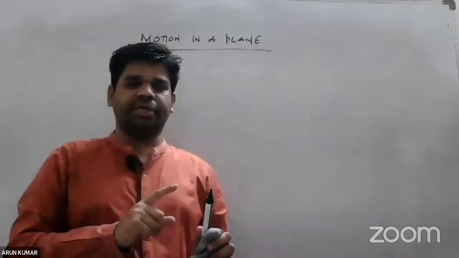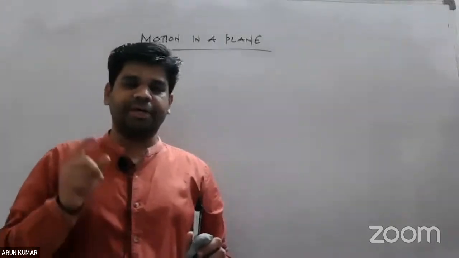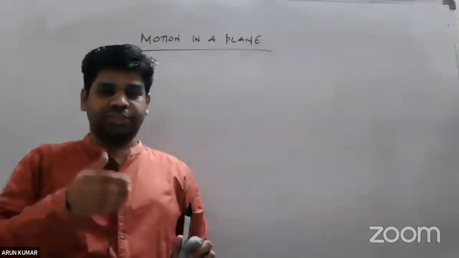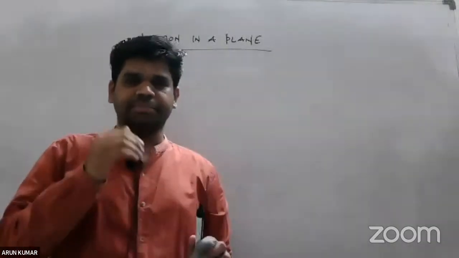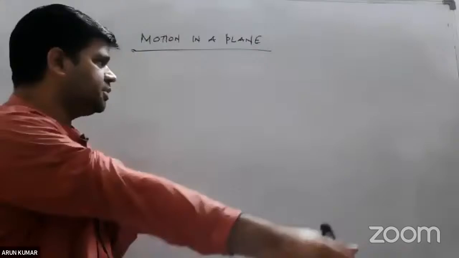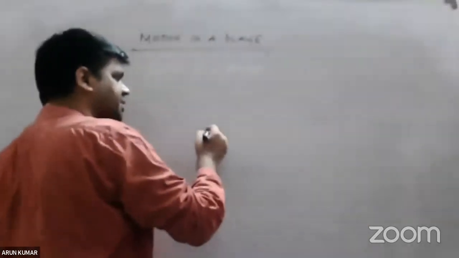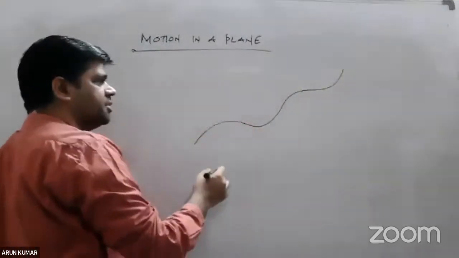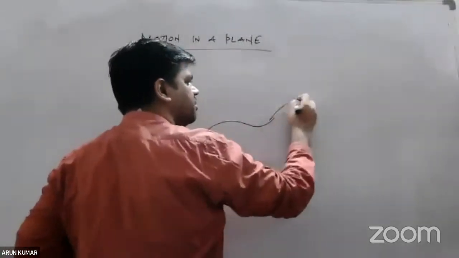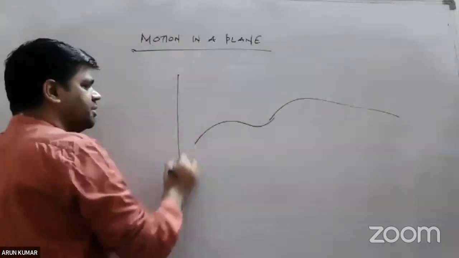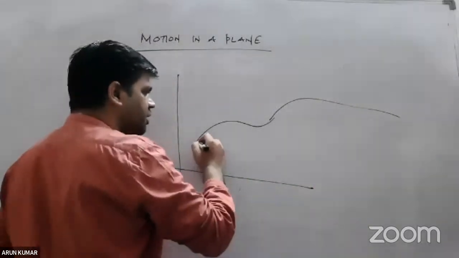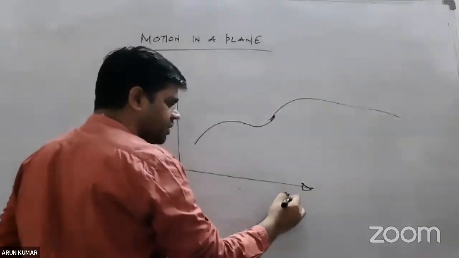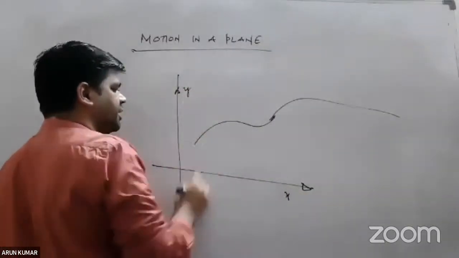We will start with motion under gravity, in which case the particle is projected horizontally. To study that, I'll mention a point before that: if I have some trajectory in the xy plane, some random trajectory like this, then motion along this trajectory can be split into two motions: motion along x-axis and motion along y-axis.